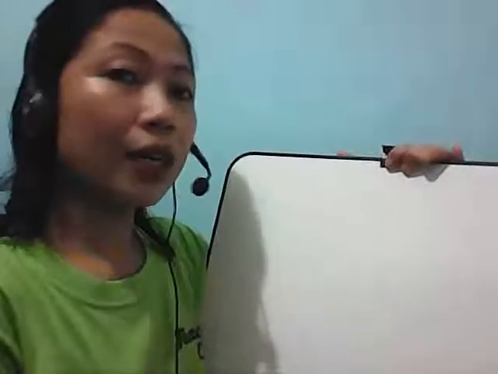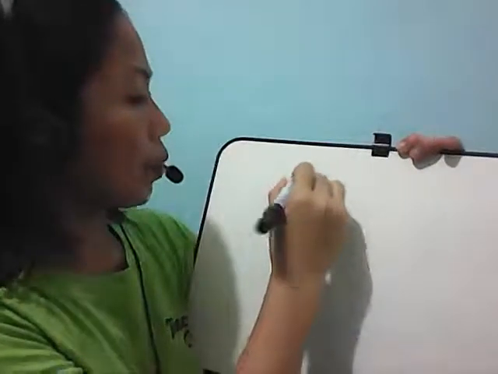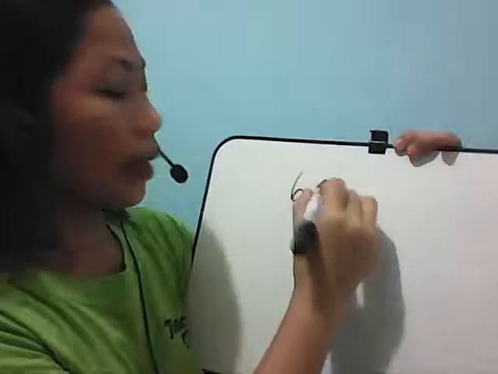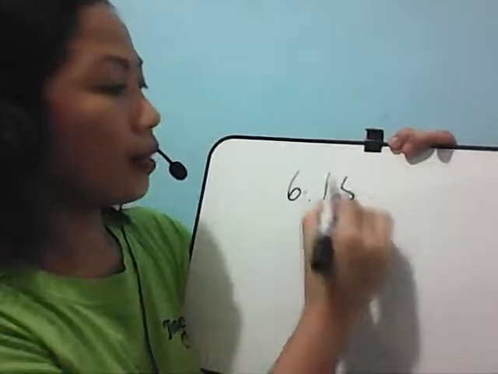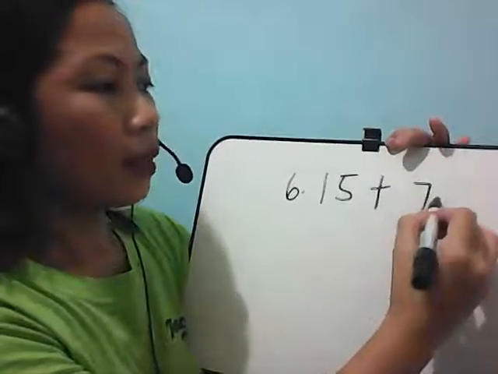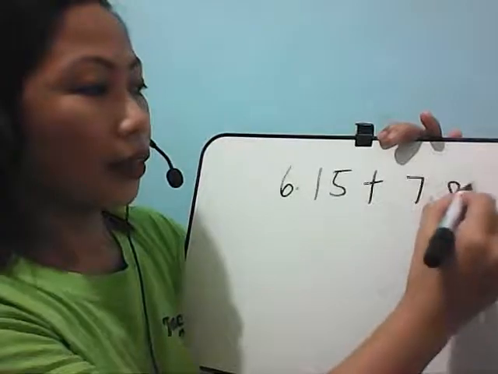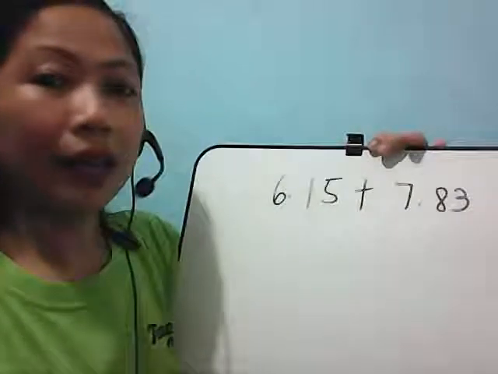The third example, still we are in adding decimals. We have 6.15 plus 7.83. All right.